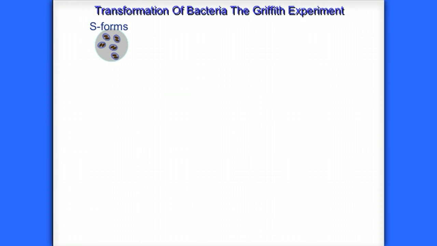We learned already that there are S forms, the virulent forms, which have capsules, and hence the body cells cannot fight them off or have their defense mechanism against them.